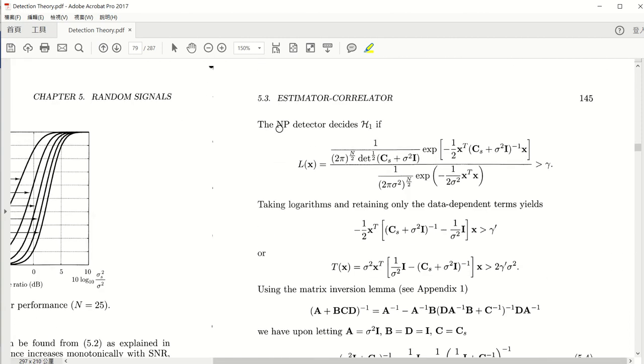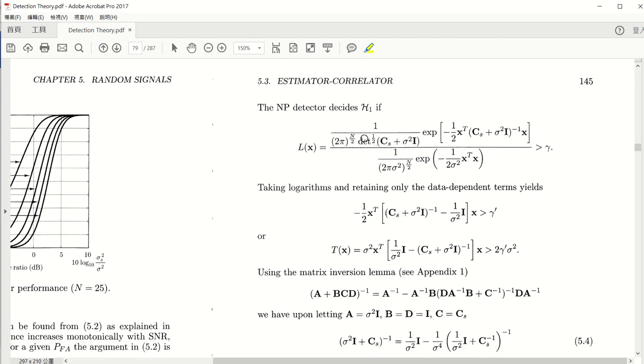So the NP detector will decide H1 if this likelihood ratio is something like this. Let me skip some of the details just to explain the rationale, and if you are interested, try to do some derivation.